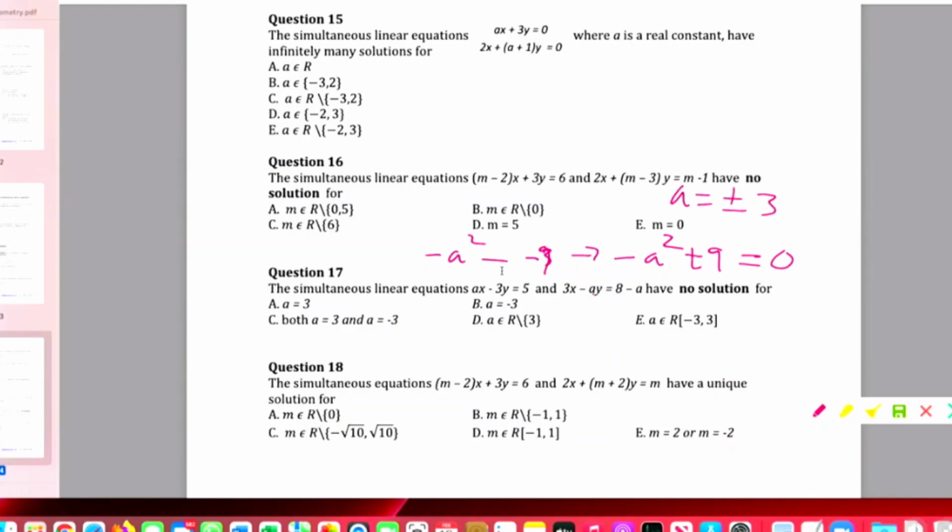That you can quickly do in your head, right? Then you take plus 3. If you take plus 3, you put 3 here, 3x, 8 minus 3 is going to be 5. Can you see? 3x, 3y is equal to 5, right? So that means when A is equal to 3, you get no solutions, right? Is that right?